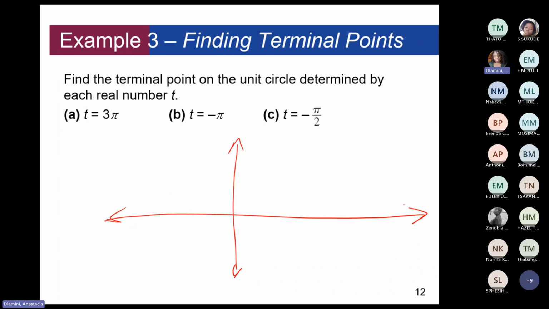It's because we know this is 0 degrees, this is 90 degrees, this is 180 degrees, this is 270 degrees, and this is 360 degrees. Are we all together? Yes, ma'am.